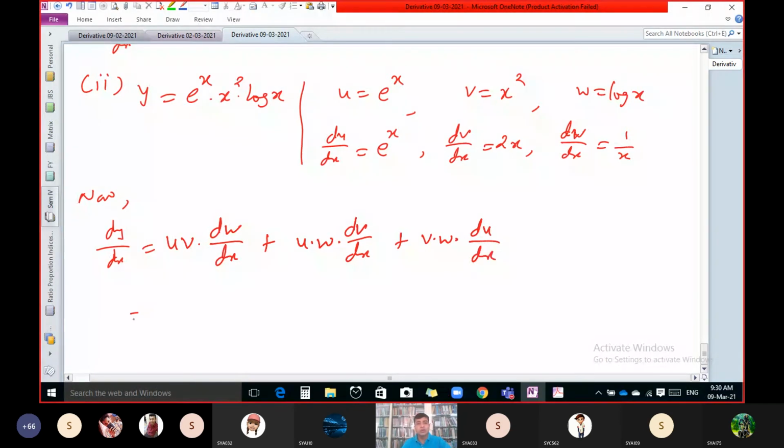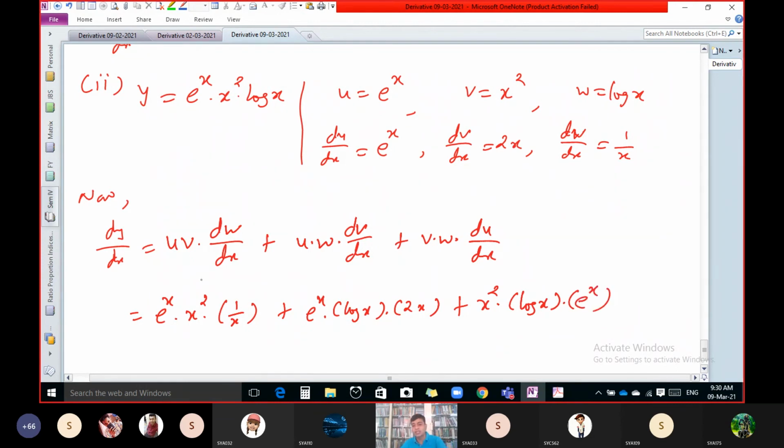Now substitute all values. U means what? E raised to x. V means x square, and dw by dx is 1 upon x, plus U, e raised to x, W, log x, and dv by dx is what? 2x, plus V, that is x square, W, that is log x, and du by dx is e raised to x.